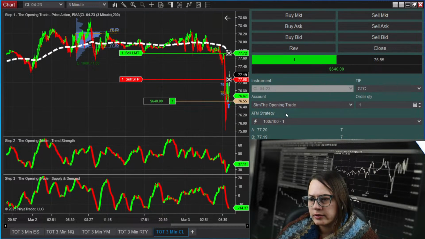And there I am. So if it comes down and hits the red bar, it's totally fine. That's why I'm advancing the red bar as we go along.